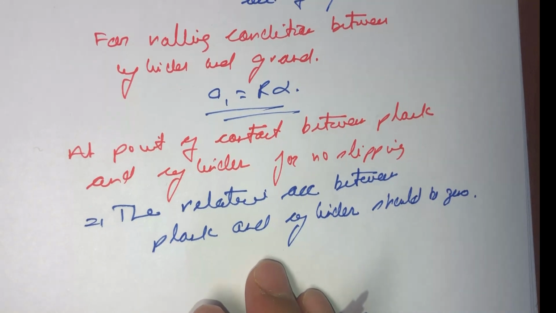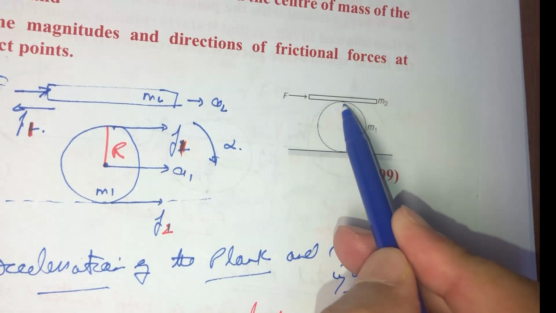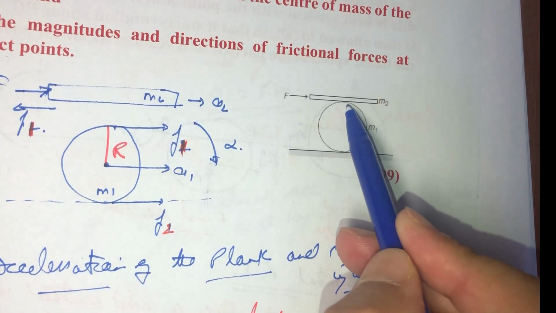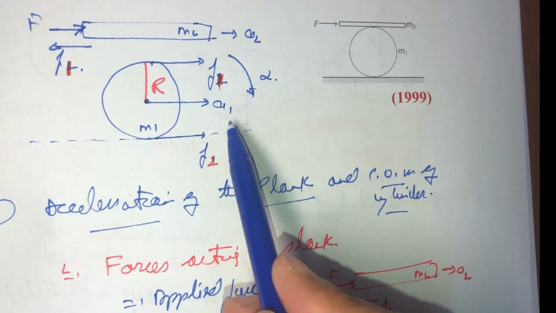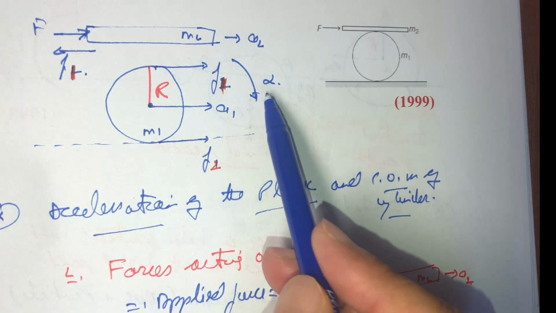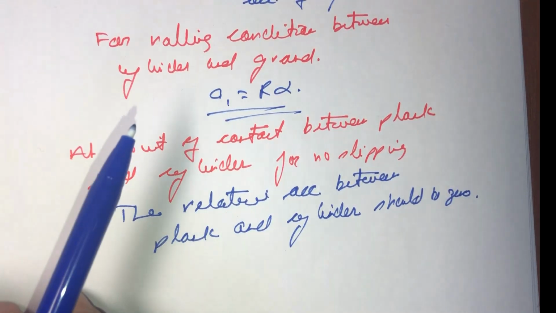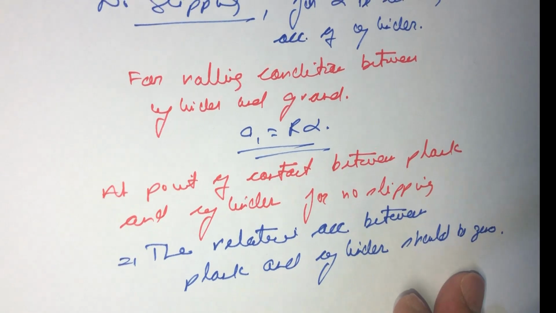Or we can say the acceleration of the topmost point, this point, will be a2, and that a2 will be equal to a1 plus R into alpha.